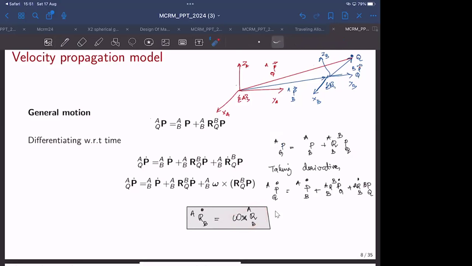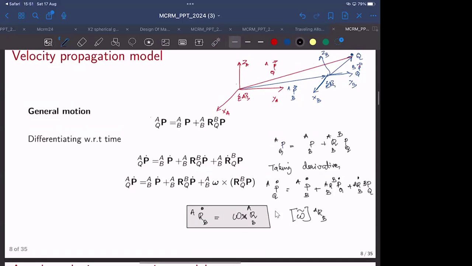Right? Instead of this cross product, you can also write it in this way, omega tilde times the rotation matrix ARB, because you can always replace a cross product with a matrix multiplication. If you find this convenient, instead of a cross product, you can always use this.